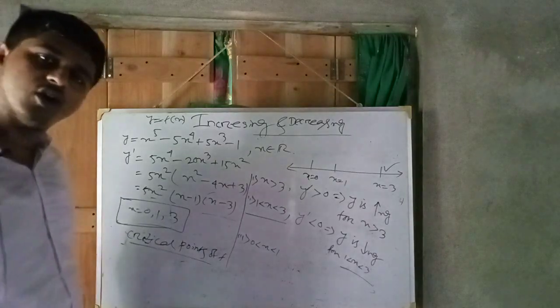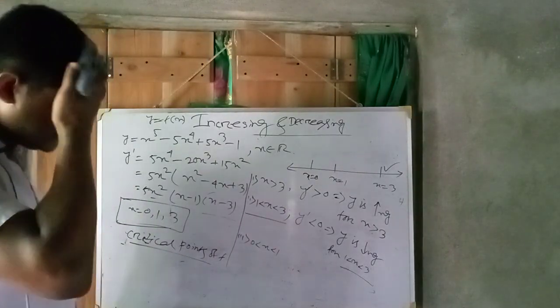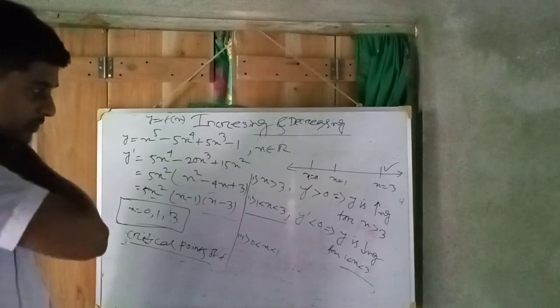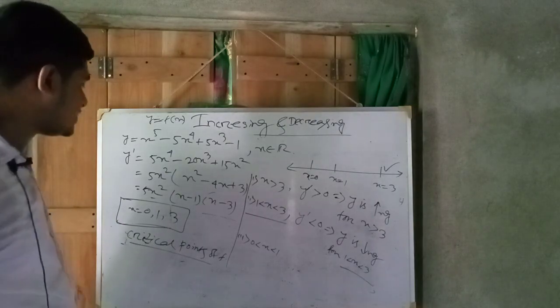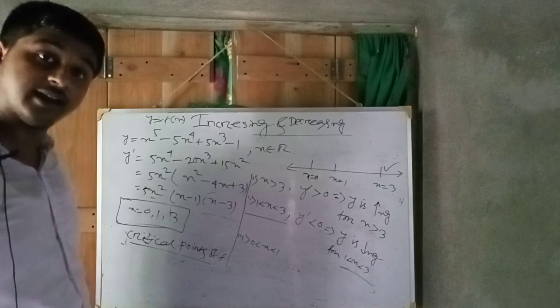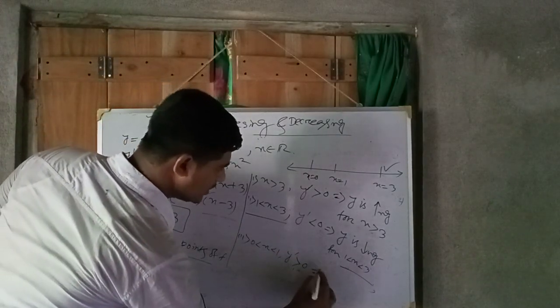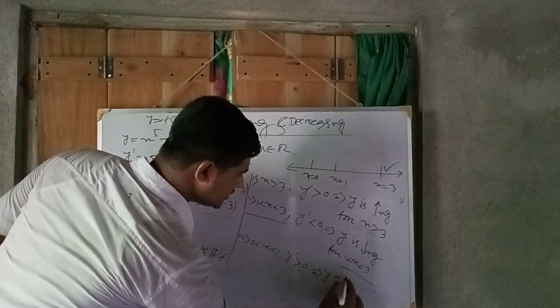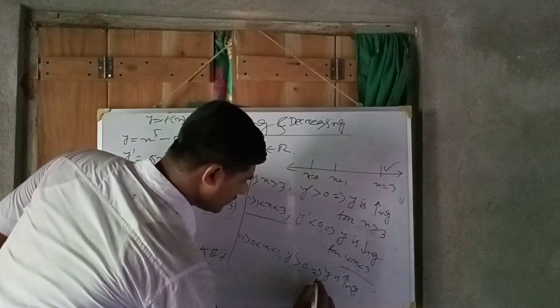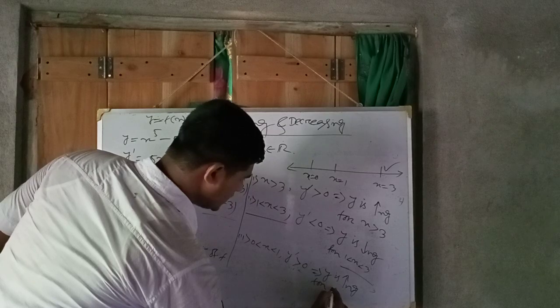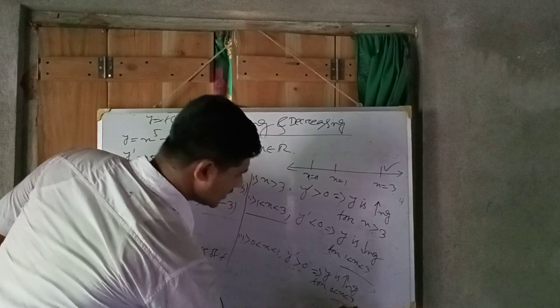And x square term is always positive. Then we decide y dash is again greater than 0, which implies y is increasing for 0 less than x less than 1.